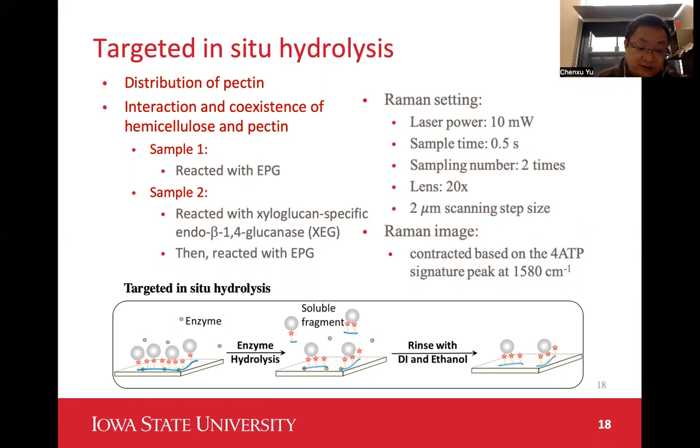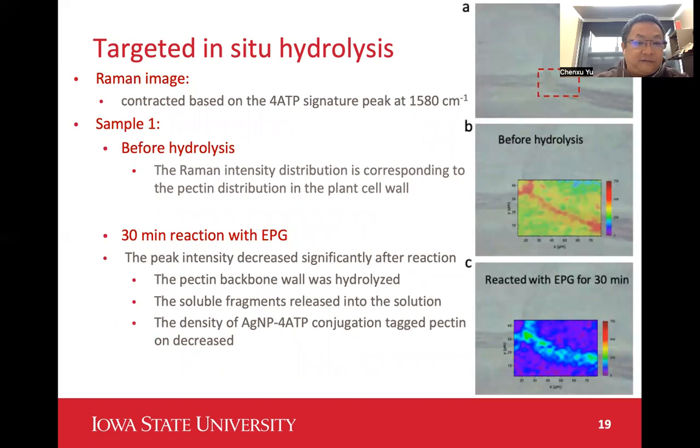So those are the regions where we will see, okay, this is where the cross-link or the crossover between hemicellulose and pectin are happening. And that will give us the chemical information that we need eventually to reveal the organization of different types of polysaccharides in the cell wall. So that's what we did. First, we looked at the EPG hydrolysis pattern before and after hydrolysis.